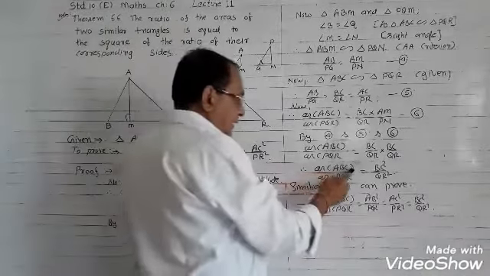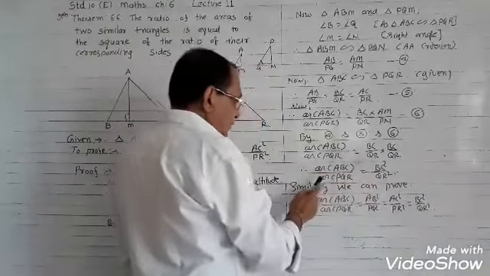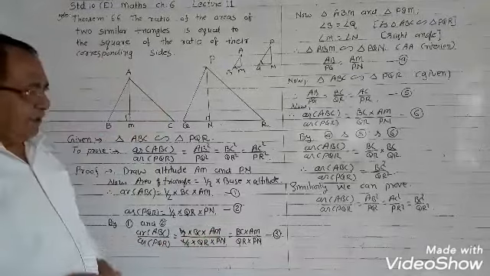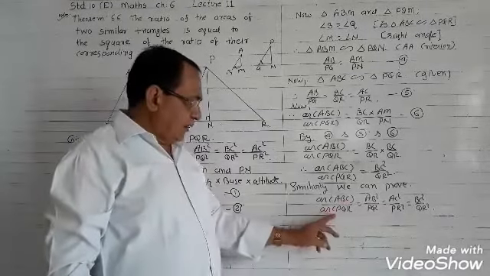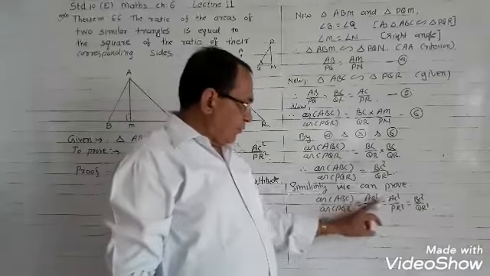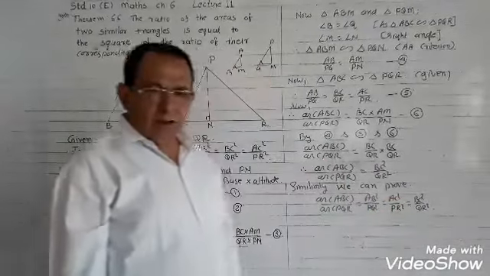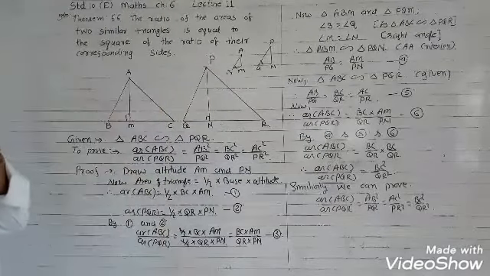Therefore area of triangle ABC upon area of triangle PQR is equal to BC square upon QR square. Similarly, we can prove AB square upon PQ square and AC square upon PR square. That is this proof.